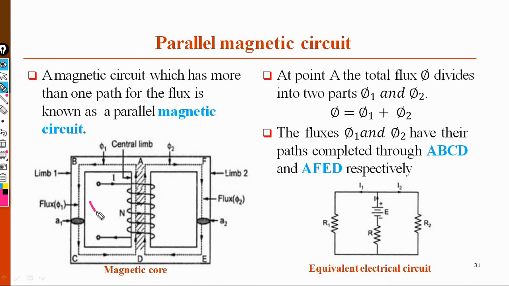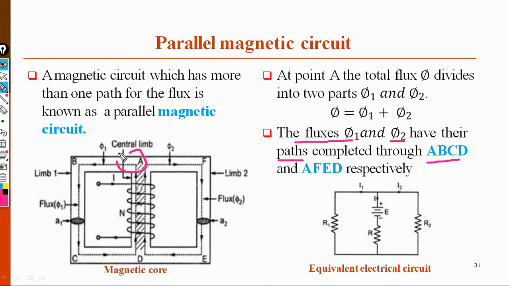Then voltage is applied, current flows through this circuit, and flux is produced with the help of the number of turns, and this flux passes from one circuit to another. Now this is the flux path present in a parallel magnetic circuit. The total flux phi 1 and phi 2 is present in different paths.